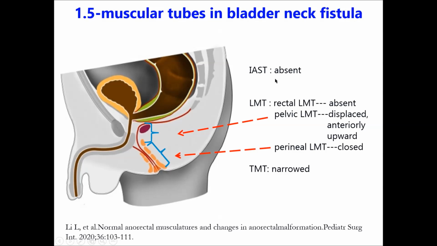The internal anal sphincter muscle tube is absent. The rectal longitudinal muscle tube is absent. The pelvic longitudinal muscle tube is displaced anteriorly and upward to the posterior urethra, and the perineal longitudinal muscle tube is closed, and the transverse muscle tube is narrowed.